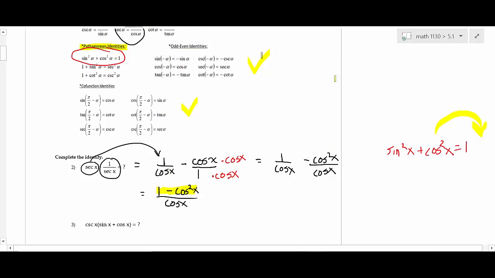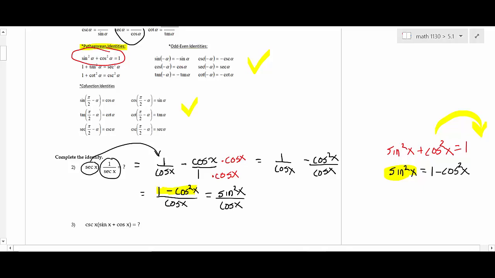You can take this identity and rearrange it so you have sine squared x equals 1 minus cosine squared x. So we're going to replace this with this. When you see 1 minus cosine squared x, that's the same thing as sine squared x over cosine x. So I did that.